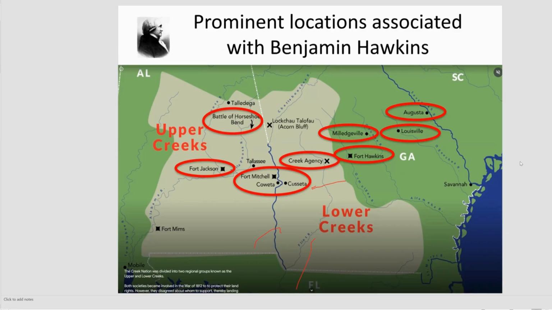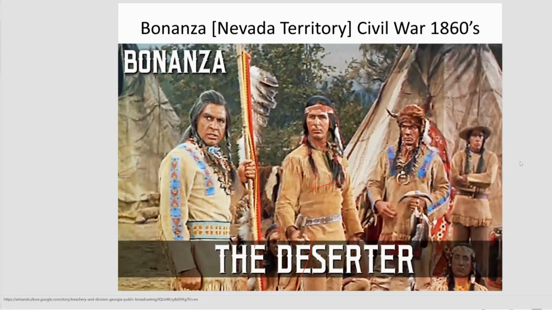So I liken this to Bonanza. Why? Because if we watch the television series Bonanza, even though it was drawn in 1860, it gives us a visual of what it looked like during that period of time, when the Native Americans were actually on the land and still had not left the land.